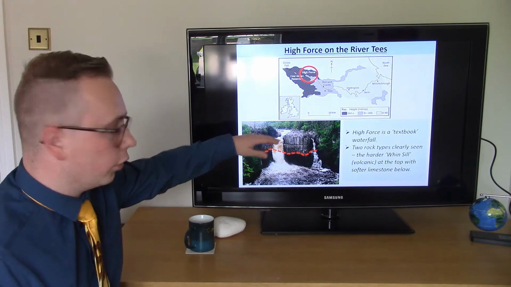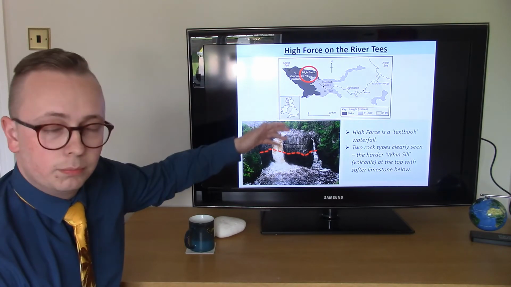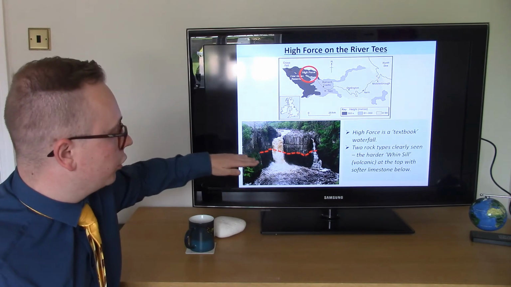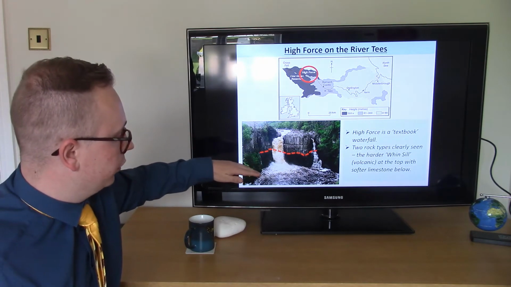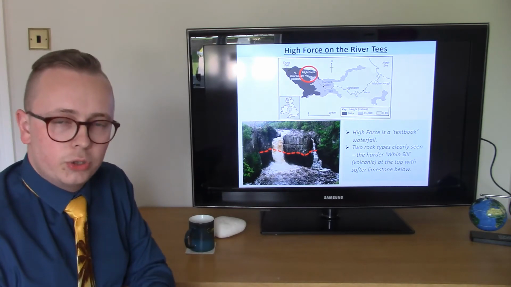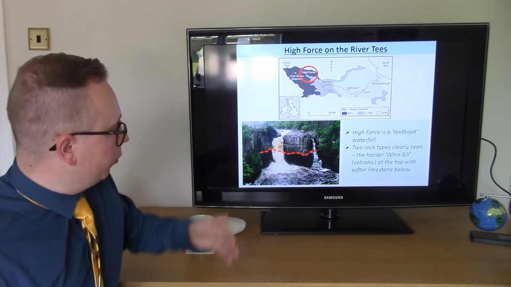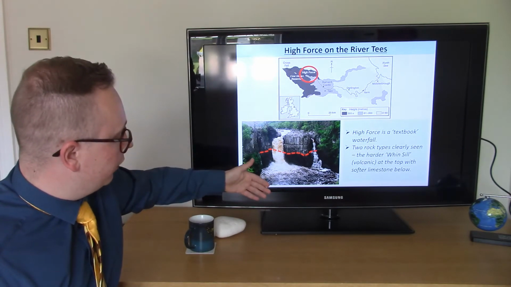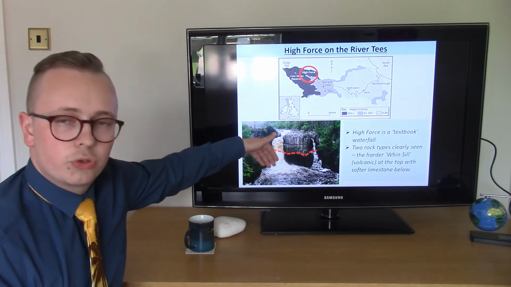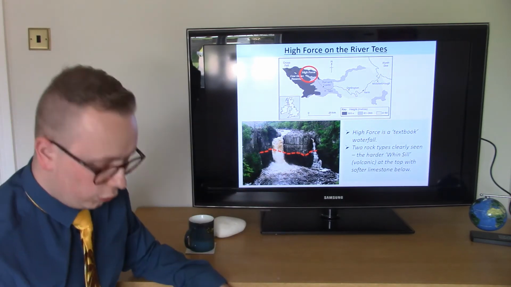This is a volcanic rock called the Whin Sill that is found in much of the north of England, and underneath that we've got the softer limestone. And through the processes of hydraulic action and abrasion, wearing away at the soft rock, we've created this drop in the river's profile, which eventually is moving back, retreating upstream, creating this gorge in the foreground.